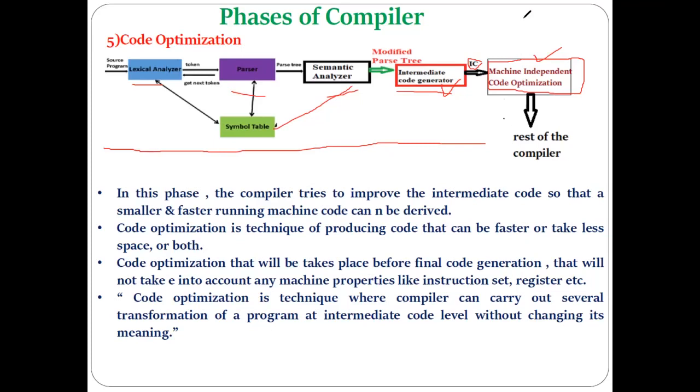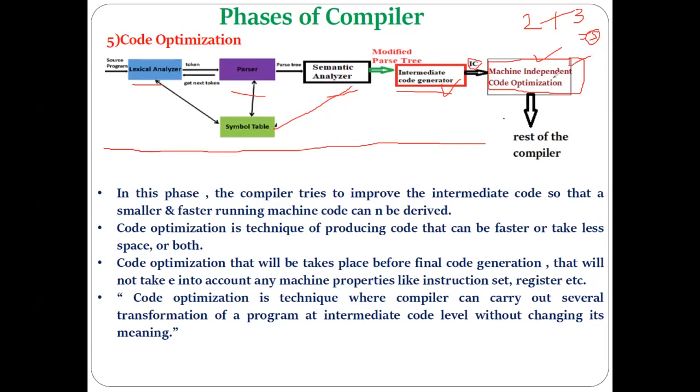Suppose you have written a program to add 2 plus 3 and its result comes as 5. This is done up to intermediate code generation, and when that program is given as input to the machine independent code optimizer, it will make changes in the program, but in such a way that the result should come as 5 only. The result should not be affected by the changes made in the code optimization phase.